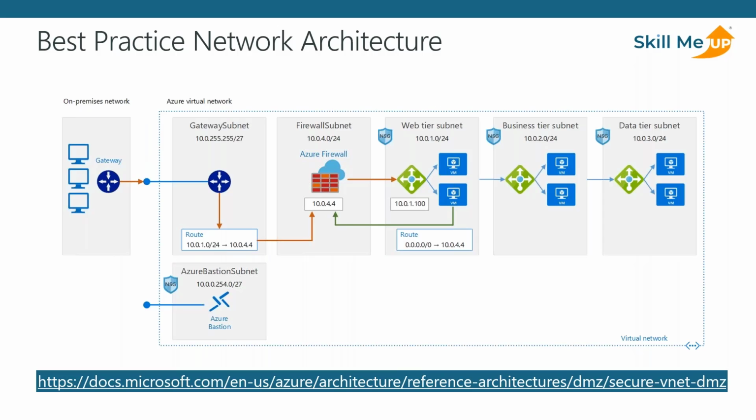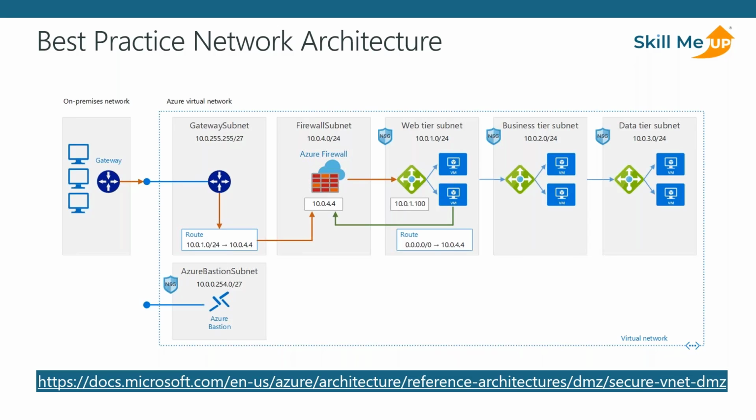Let's talk about a few of those scenarios now. Right here is really what we were talking about when we were talking about a secure environment, a hybrid connection at its foundation that also has that management capability. In this diagram, as we go across, we have our on-premise network and our gateway. We're looking at just a VPN gateway in this situation, where we have our route directly into a gateway subnet.